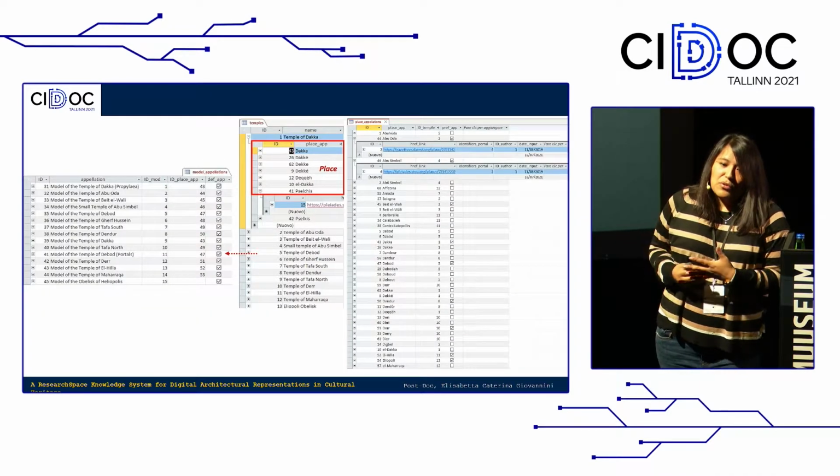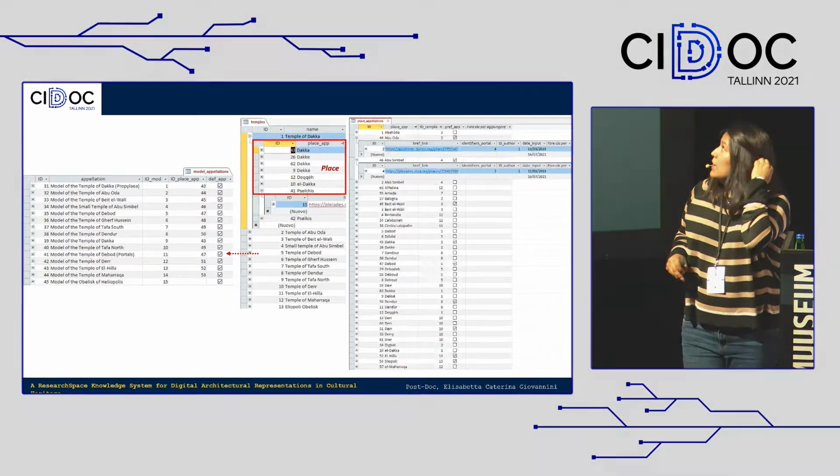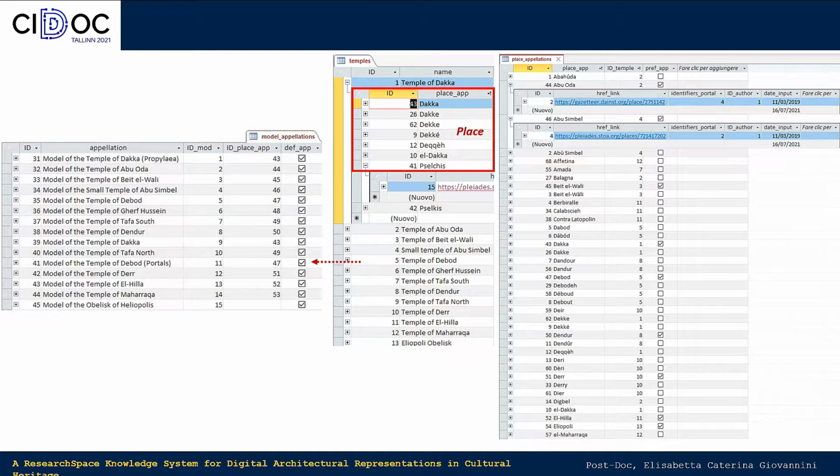So another work that we did is to analyze all text and information and sources and how places were entitled in different types, and we chose the current name of the place for that temple to actually rename the model.